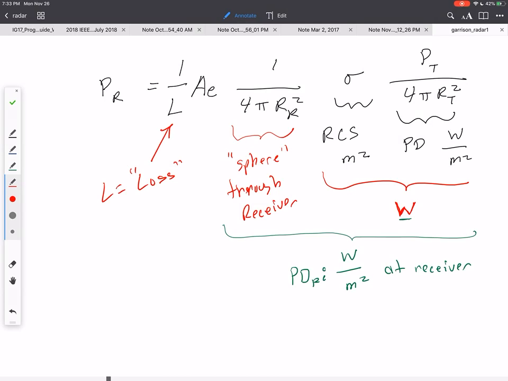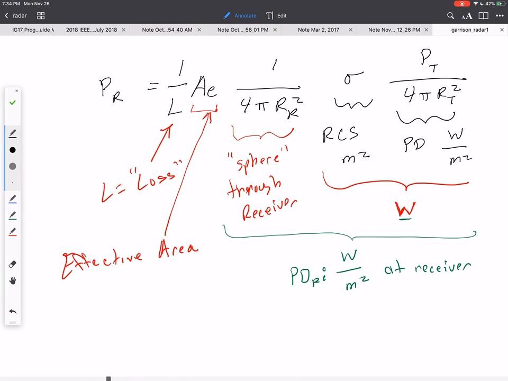And if you remember from communications, we had the reciprocity theorem that related the effective area to the gain of the antenna, where I define gain when the antenna is used as a transmitter and effective area when it's used as a receiver. But because of the reciprocity theorem, I can measure a gain from an antenna by using it as a transmitter, and that same gain would characterize that antenna's behavior as a receiver.